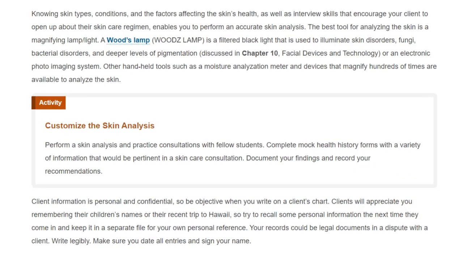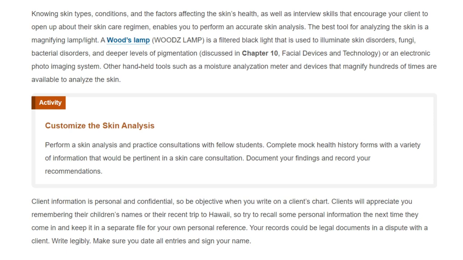Knowing skin types, conditions, and the factors affecting the skin's health, as well as interview skills that encourage your client to open up about their skincare regimen, enables you to perform an accurate skin analysis. The best tool for analyzing the skin is a magnifying lamp/light.